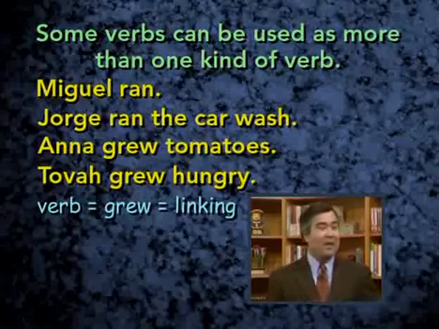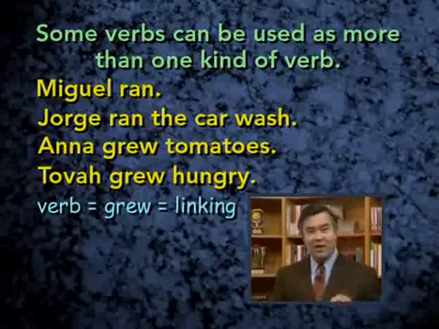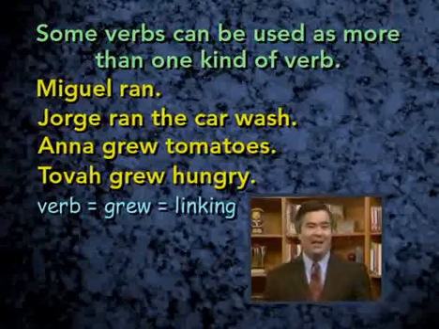So the same verb may be a transitive verb or an intransitive verb or a linking verb. You can't tell what type of verb a verb is just by looking at the verb in isolation. Instead, you have to look at it in the context of the sentence and understand how it's being used and how it relates to the words nearby. In your study guide, we've provided an exercise which will enable you to test your understanding of these concepts.